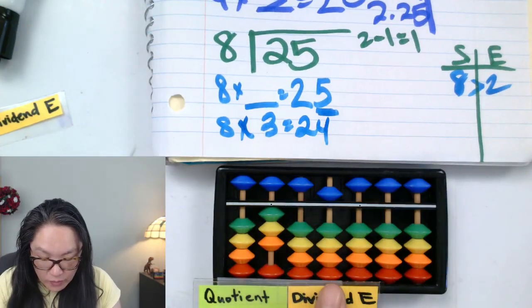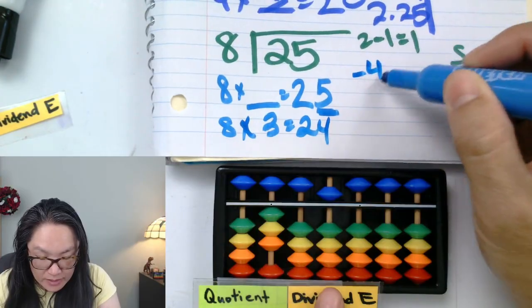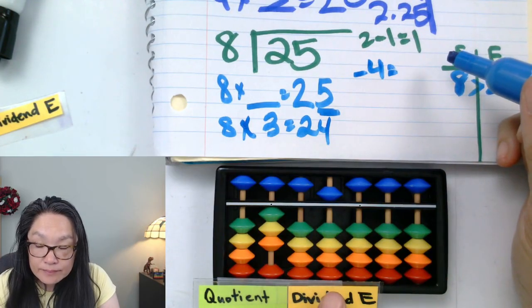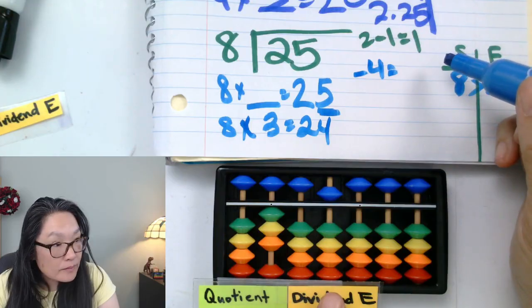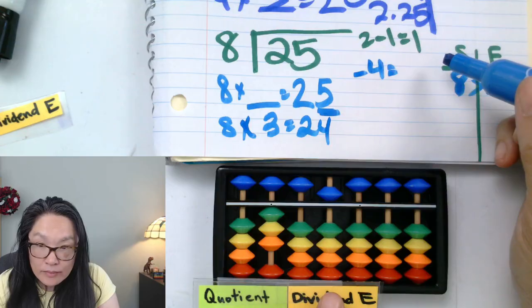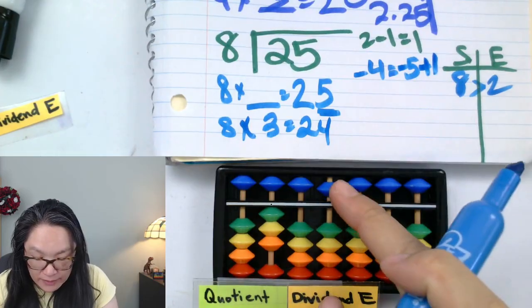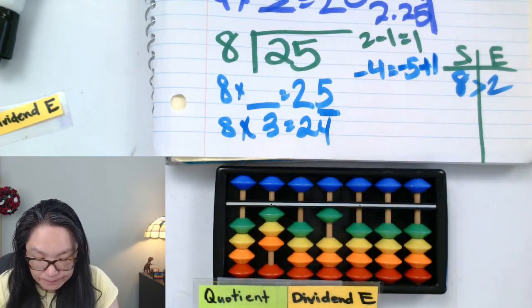Minus the 4 is equal to what? Minus the 5 plus the 1.